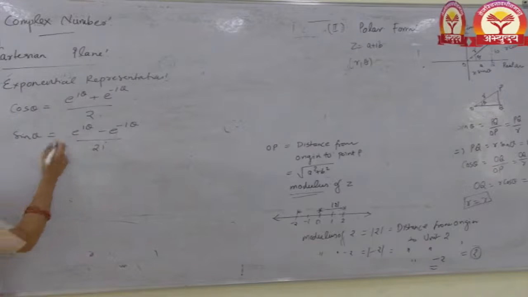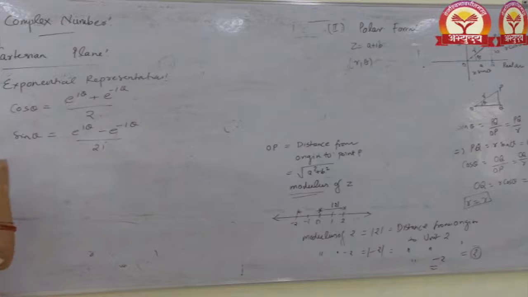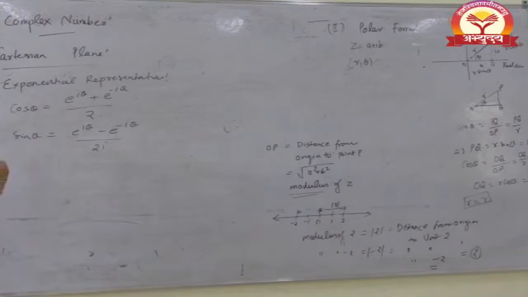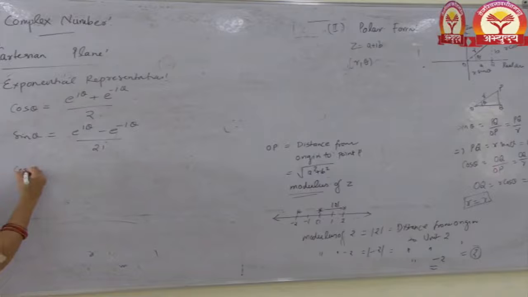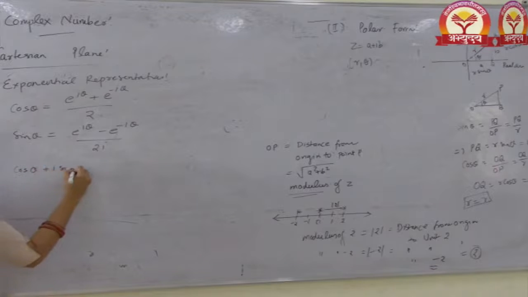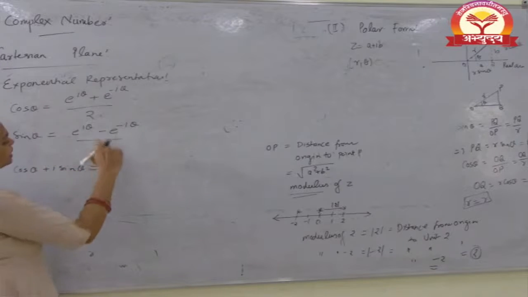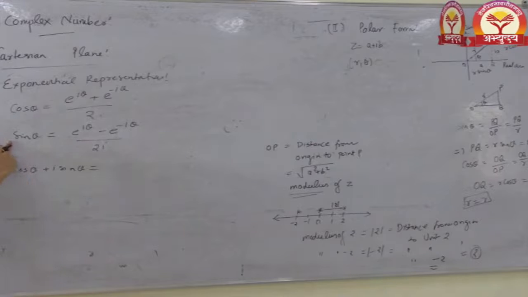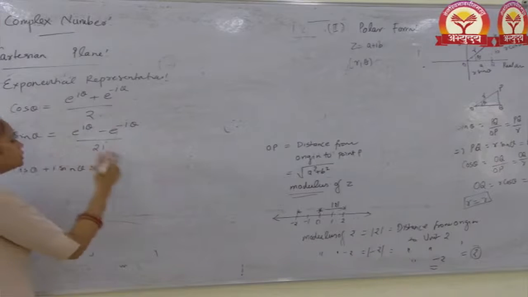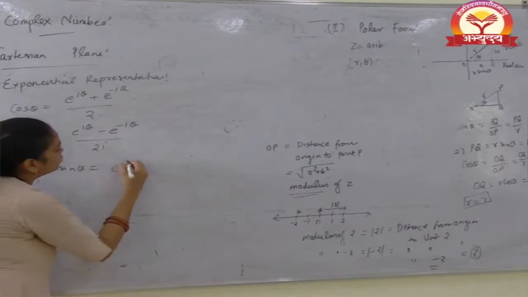और अगर आप इसको यहाँ पर कंबाइन करते हैं तो you will get cos θ plus i sin θ, हम क्या कर रहे हैं, i से यहाँ पर मल्टीप्लाई कर रहे हैं, and at these equations in form this you will get e raised to power iθ.